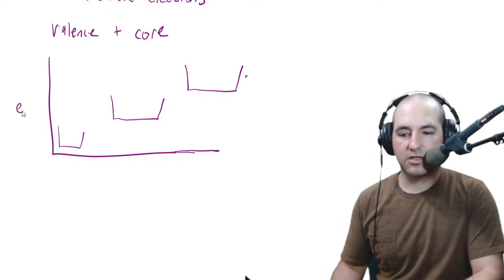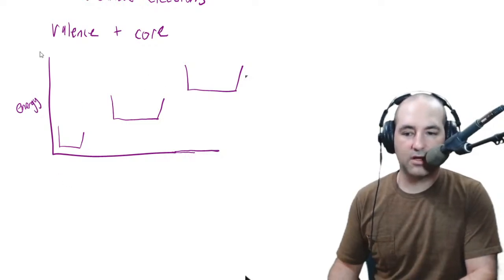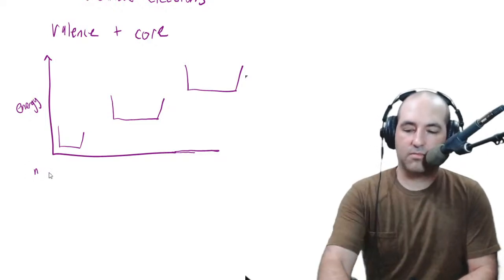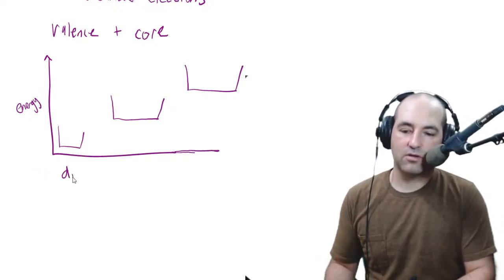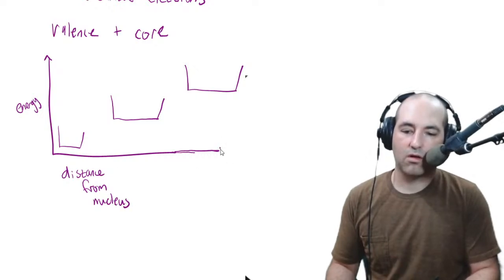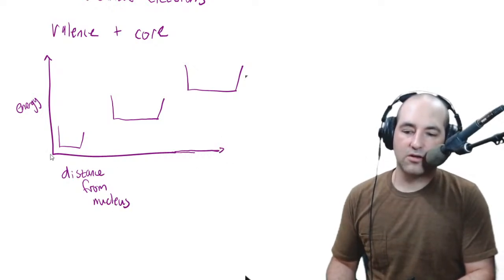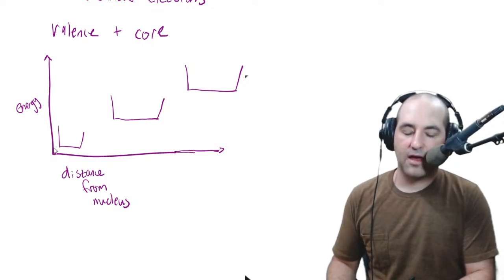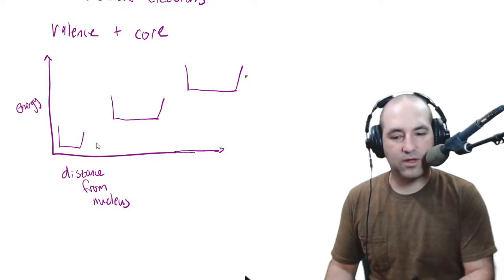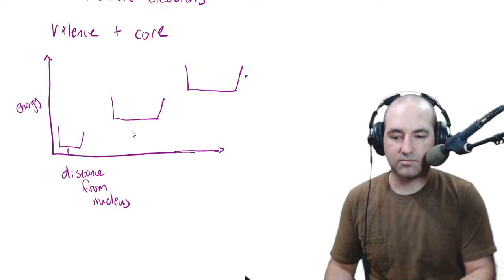So this is energy, meaning that as we go up in bucket, we also go up in energy. And this bottom axis is going to be the distance from the nucleus. So this is the nucleus, like way down here. And then as we go up in bucket, up in shell, whatever you want to call that, we get farther away from the nucleus.